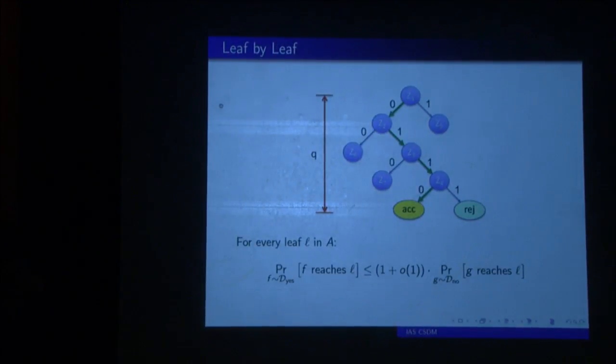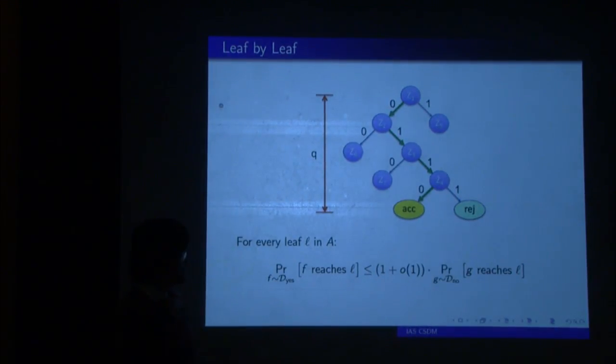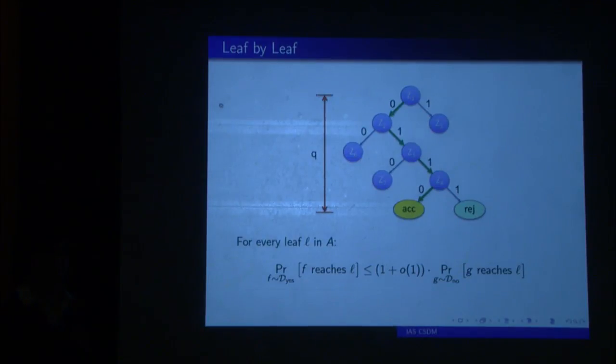Okay. So this is just a typical approach. We look at an algorithm, which is just a decision tree with depth q. And I want to show that for any leaf in this tree, the probability of F reaching this leaf has little advantage over the probability of G reaching the leaf. Now, this is very standard in the literature.